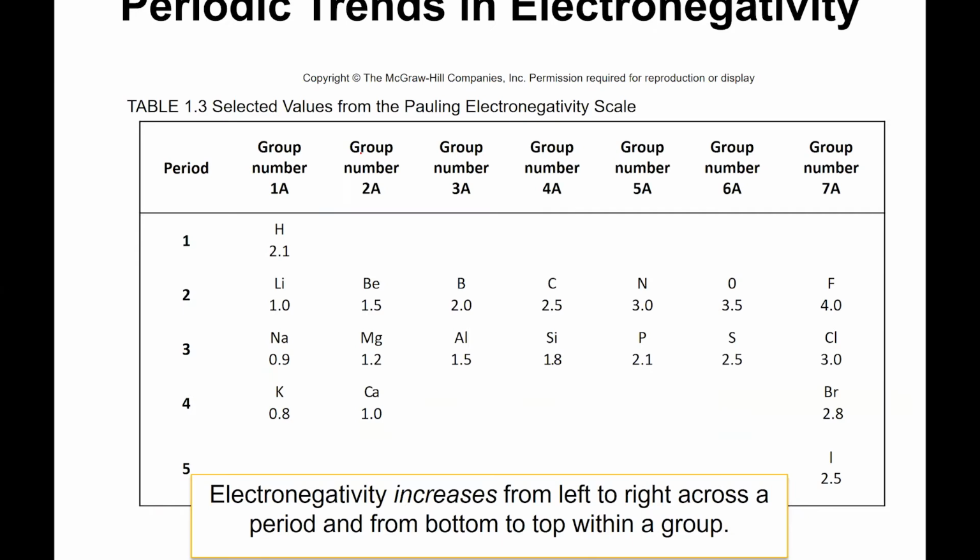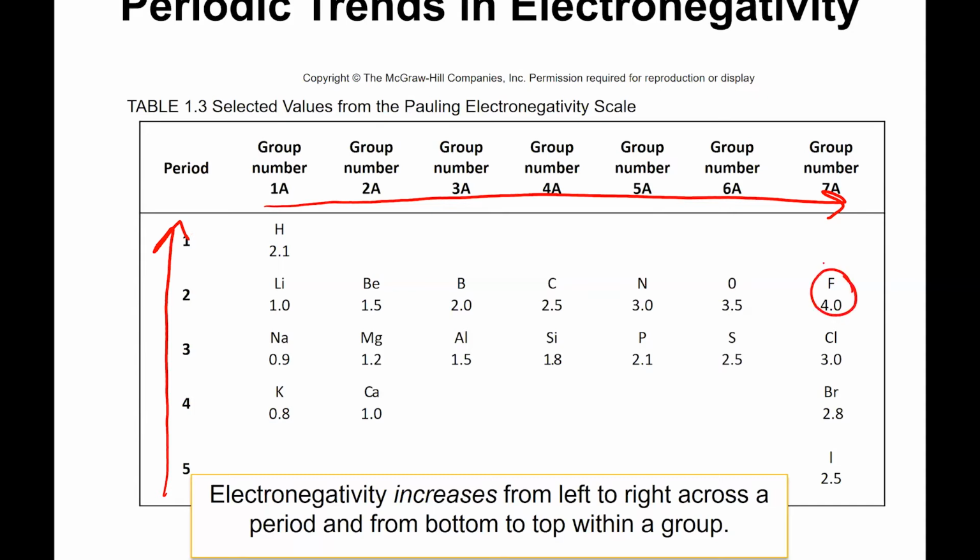Generally, you see that electronegativity increases from left to right across the periodic table, across the periods, and from bottom to top within a group. Meaning that fluorine is generally the most electronegative element.